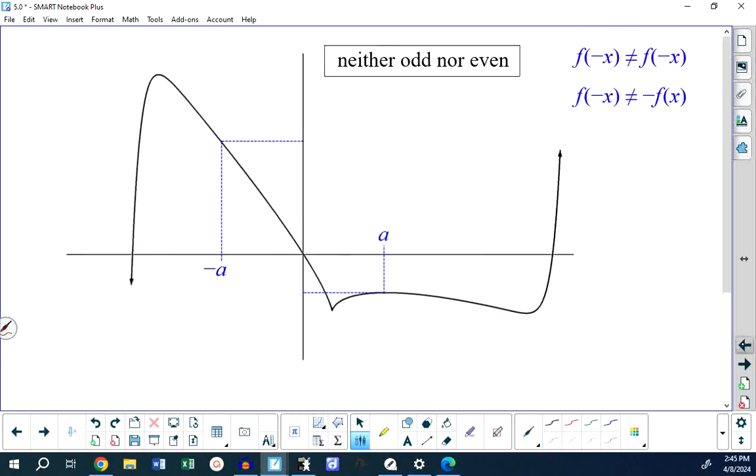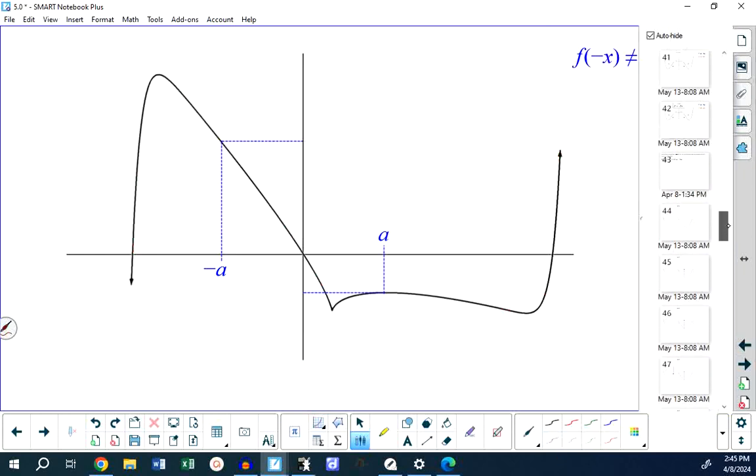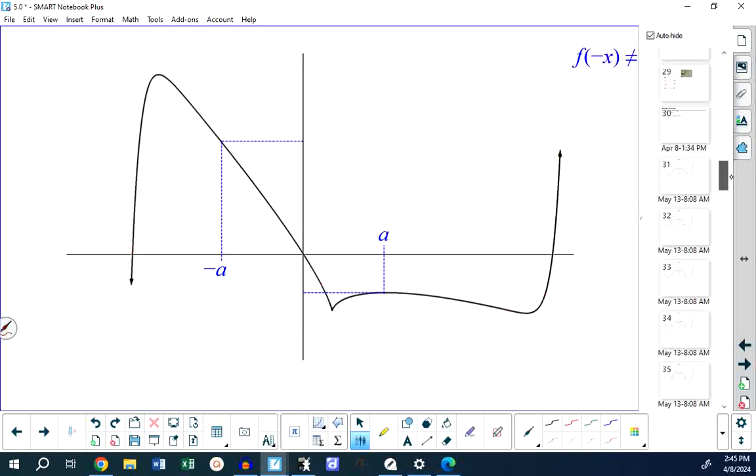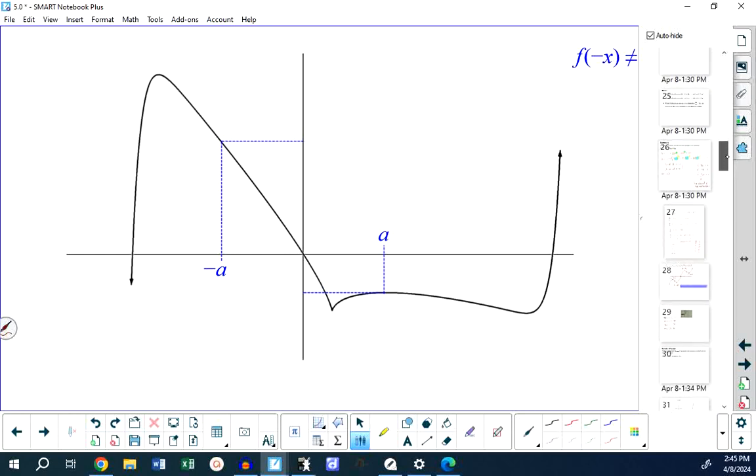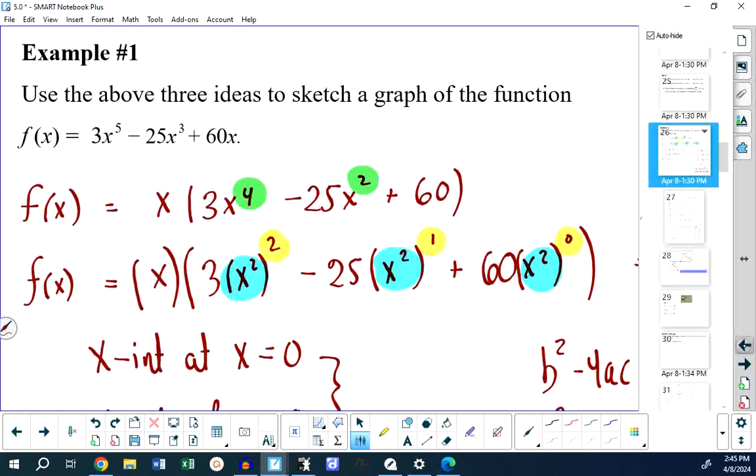This is why I knew when we graphed the function on the previous page, even without looking at my calculator, that these two numbers would be the same as these two numbers, but opposite. Because when I look at the function, take a look at it, odd exponent, odd exponent, odd exponent. Let's try one more.